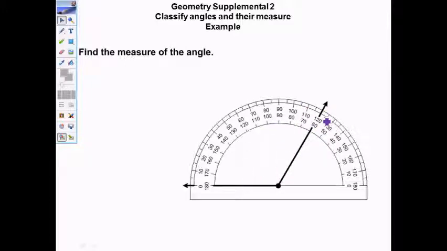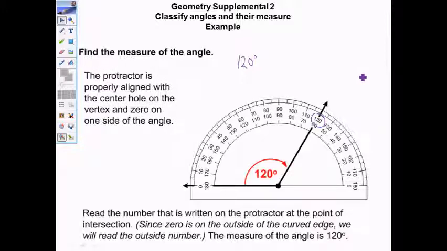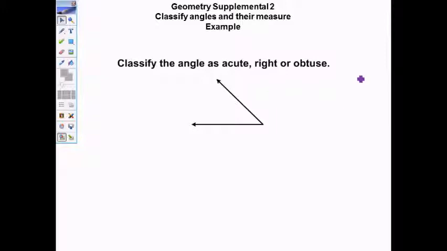We're opening this way, so we're going to read the 120. So that's how you'll do the first page. It's going to be, okay, acute, right, or obtuse? Acute. Now, if it's not obvious, if it's close to that 90-degree mark, you're going to want to measure it before you say exactly.